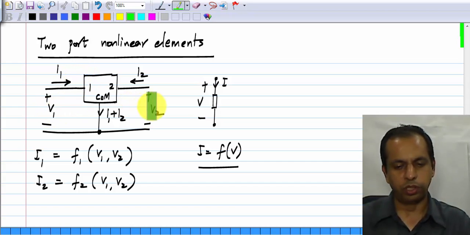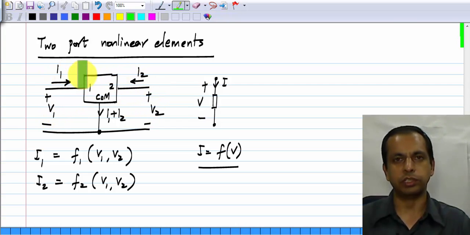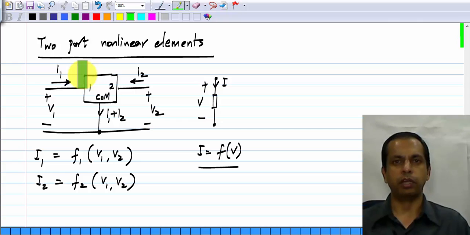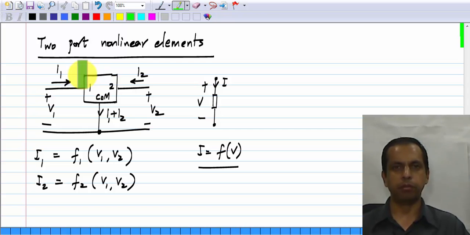Again, many other possibilities exist. We could define the voltages as functions of currents, or this voltage as a function of this current and that voltage, and so on. You are familiar with linear two ports and all the possible two port parameters which can be used to describe them. Exactly the same thing can be done for nonlinear two ports. The relationships will now be nonlinear, that is all. So, all the choices of dependent and independent variables you saw earlier can also be used here.